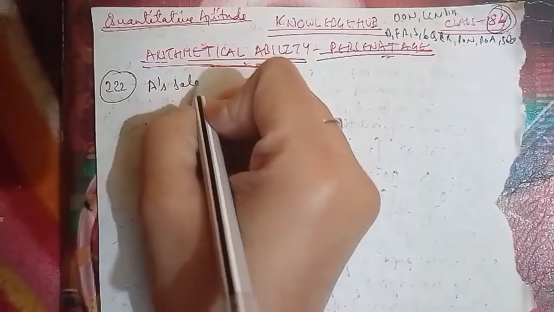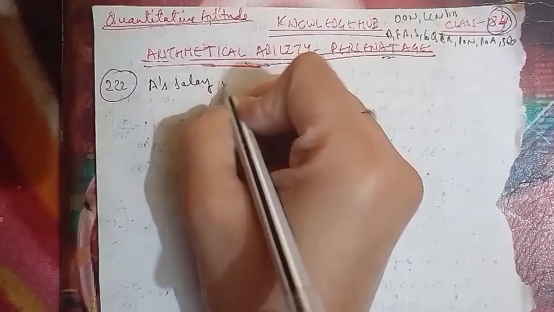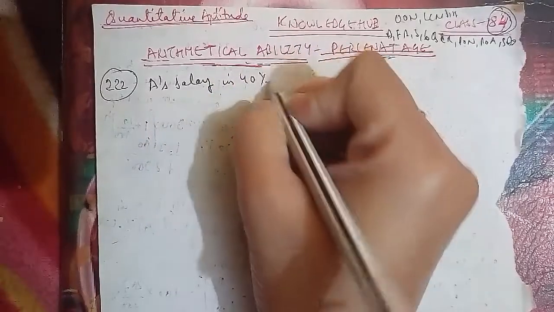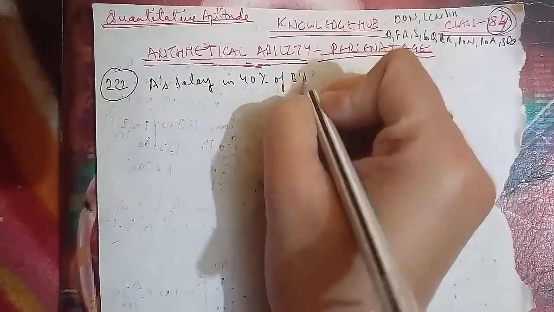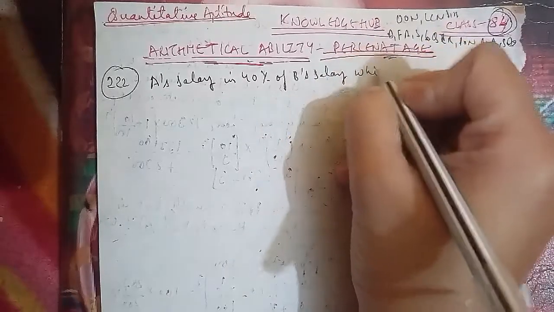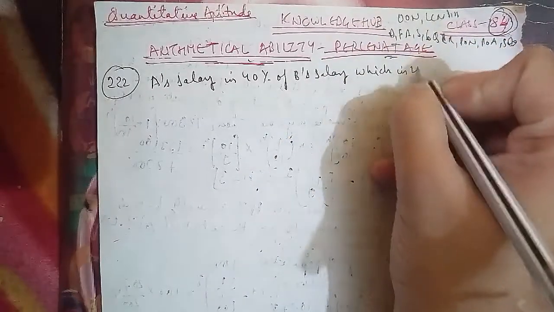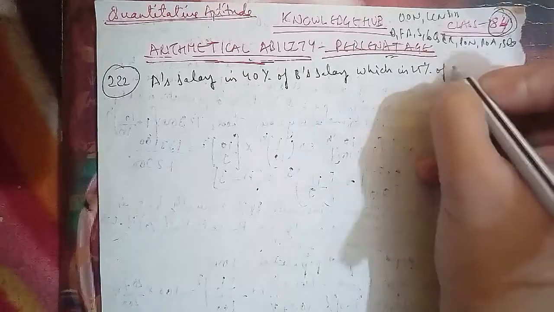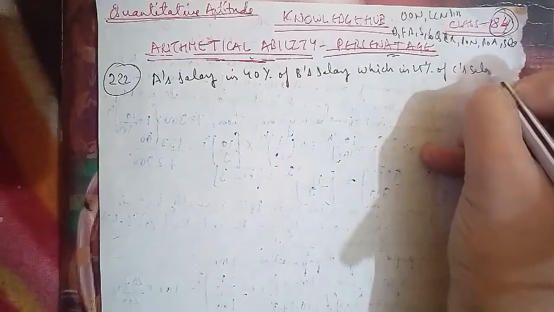A's salary is 40% of B's salary, which is 25% of C's salary.